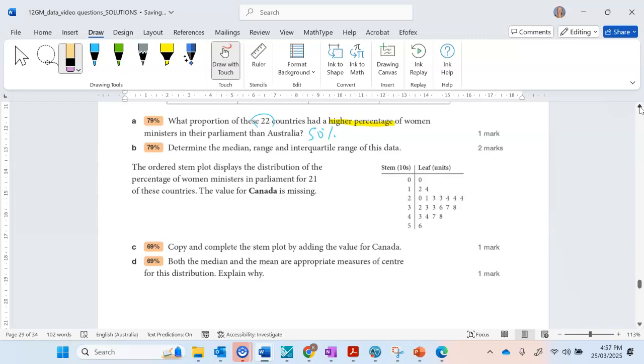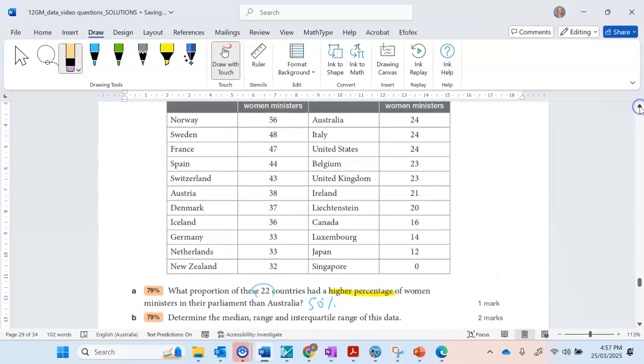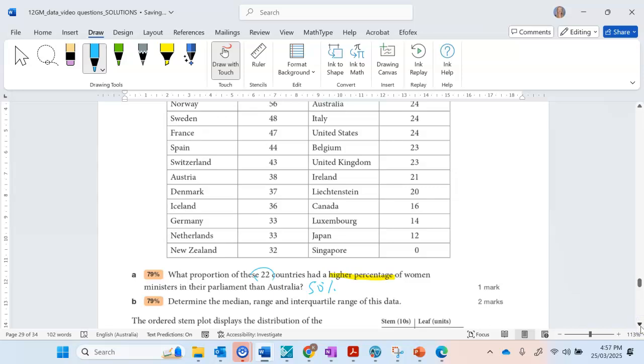Alright, so we're doing Canada. Alright, so the values are in order, so it would be quicker to do on the calculator if they weren't in order. So I'm just going to show you both ways, because I think some people would prefer to just put them into the calculator while others can see they're already in order.